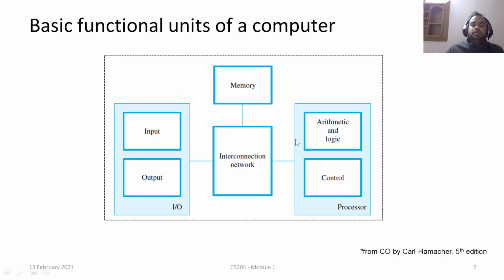And of late, because computers have become very complex, a new module can be imagined to be there, which is trying to connect all these modules. Let's put it as interconnection network. So we still look at only the five modules as the basic modules, but interconnection network has a significant say on the overall performance and power.